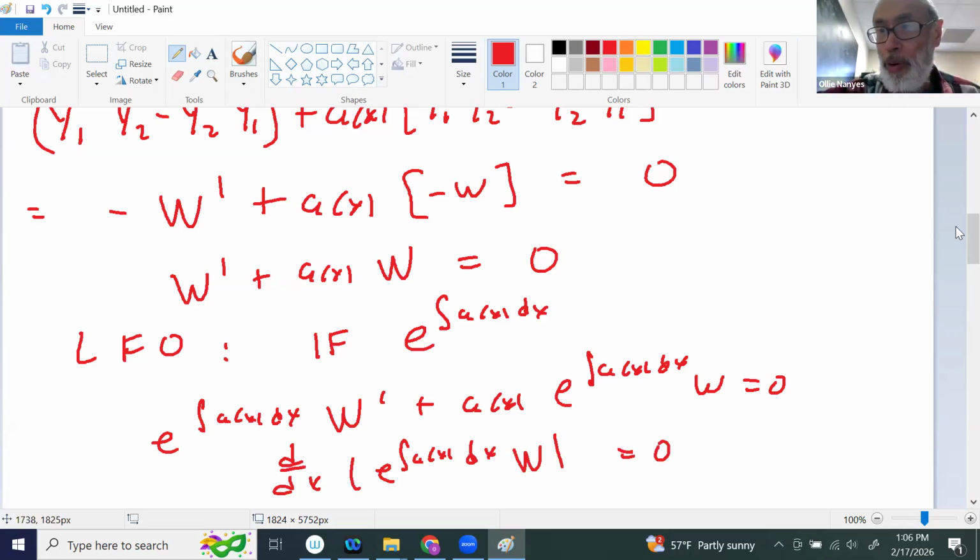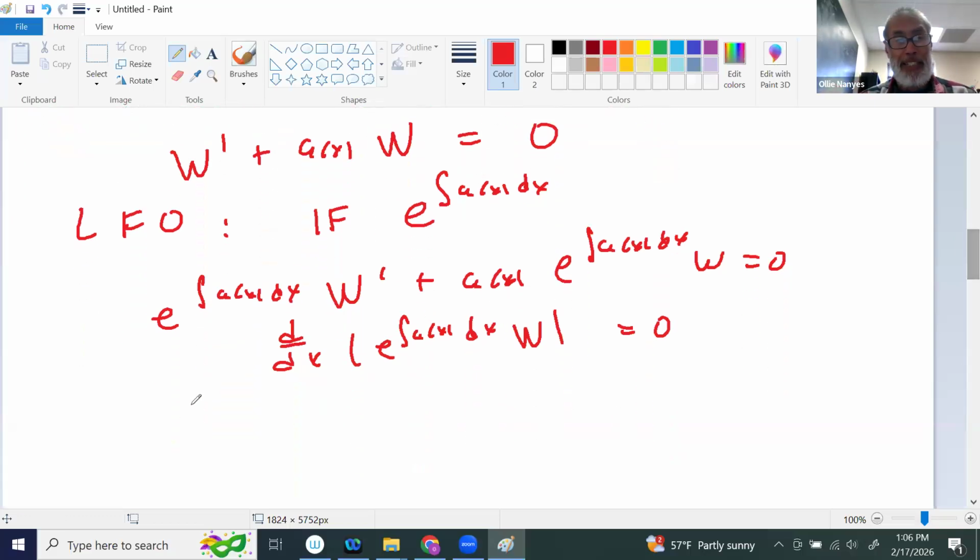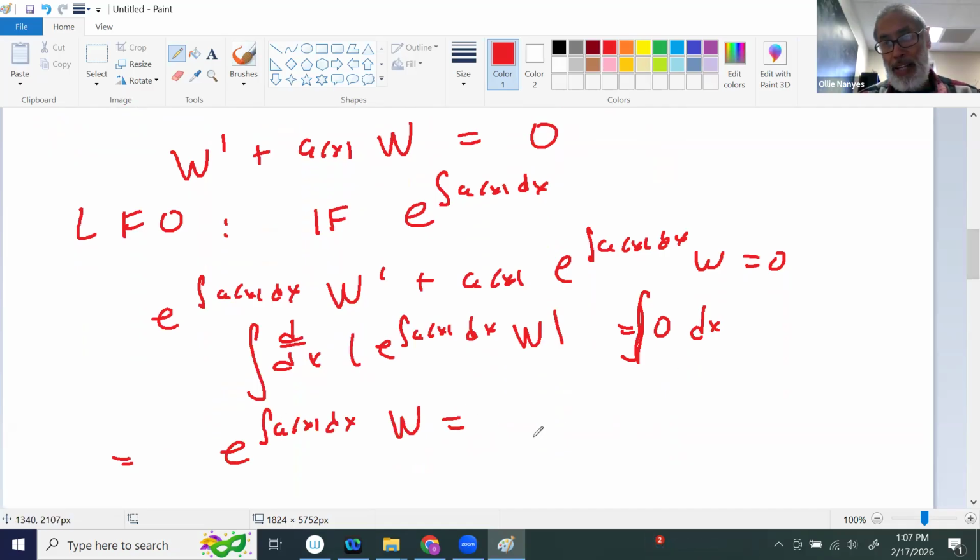And then if we integrate both sides with respect to x, what you get is this integrating factor times W equals a constant c. So the Wronskian is c e to the minus integral of a(x) dx.